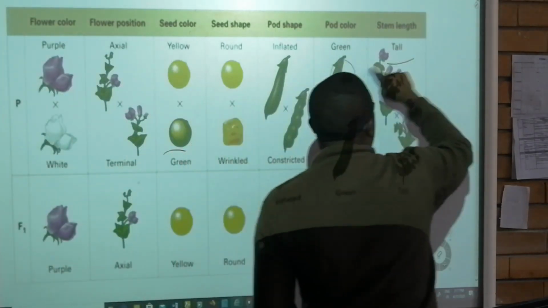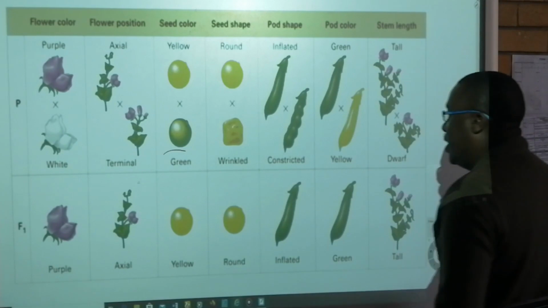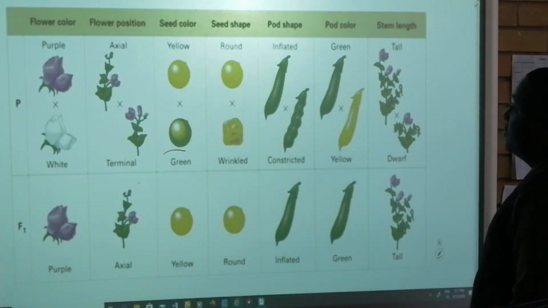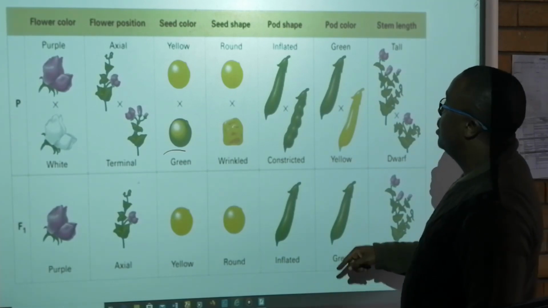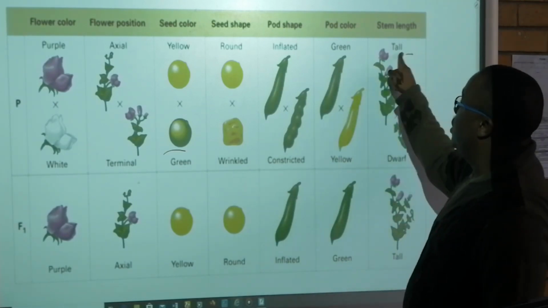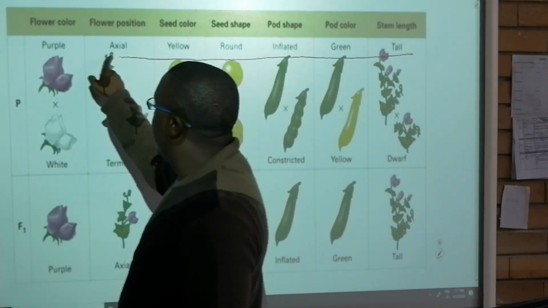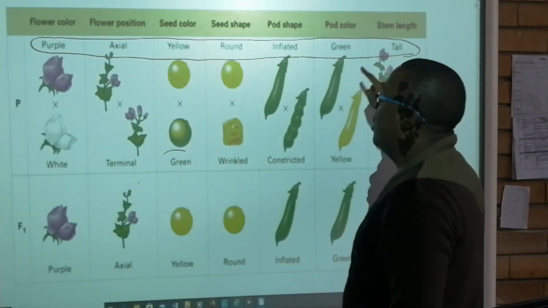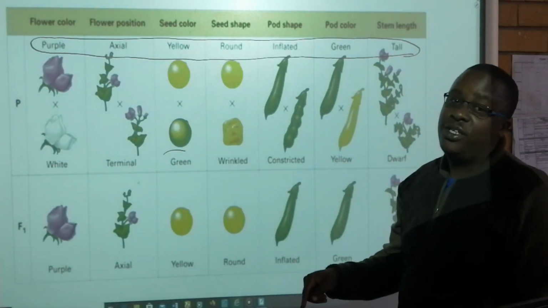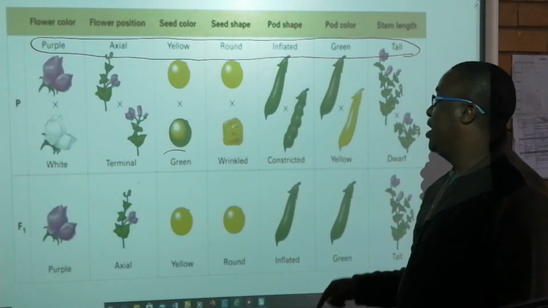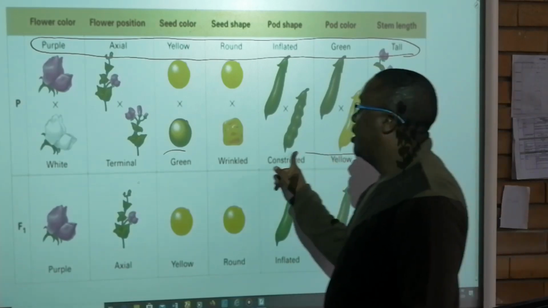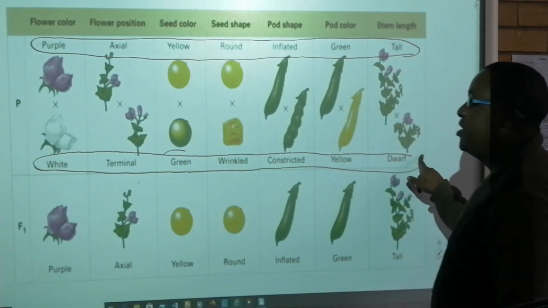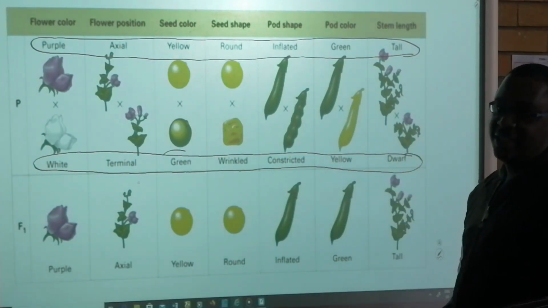I love this diagram because, I don't know if you've noticed, these adults at the top are showing the dominant ones, and these adults at the bottom are showing the recessive ones.